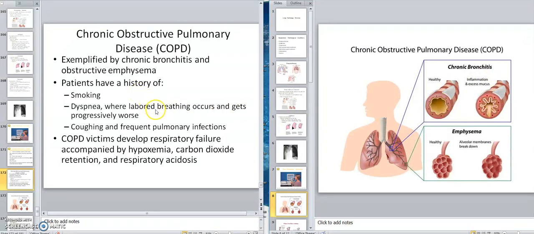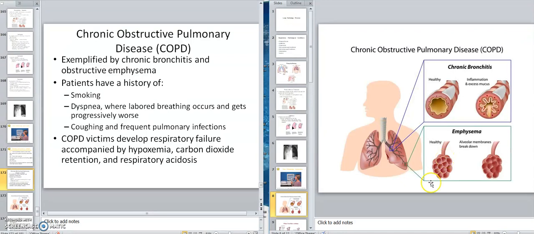Emphysema is down in the alveoli. It has to do with the alveolar duct, the walls getting weak and collapsing. So bronchitis is an inflammation in the bronchial wall, and emphysema is more of a weakening of the wall down here where air gets trapped.